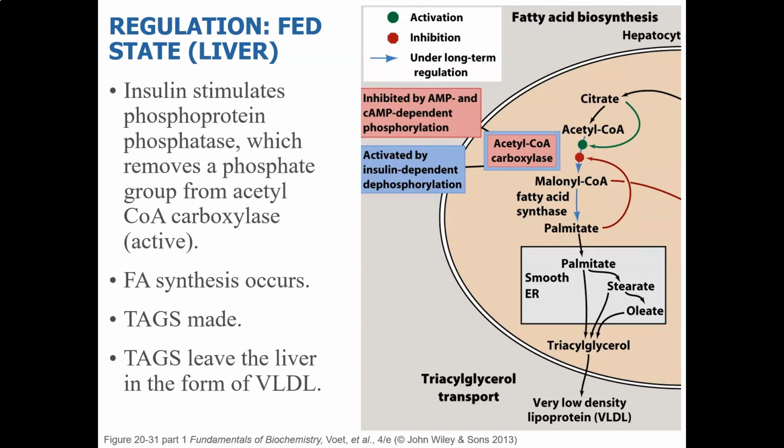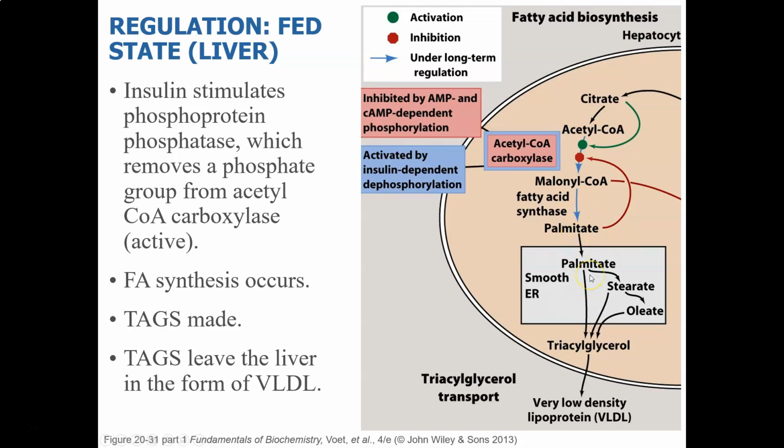So acetyl-CoA carboxylase is inactive when it's phosphorylated, but when the phosphate group is removed, it is active. So now acetyl-CoA carboxylase can catalyze the conversion of acetyl-CoA to malonyl-CoA. Then malonyl-CoA can enter the fatty acid synthase pathway to form palmitate.